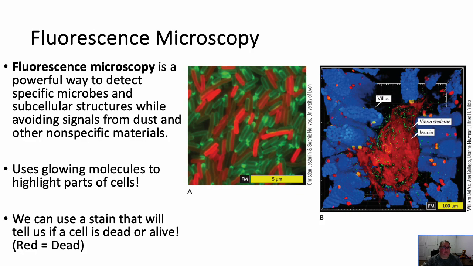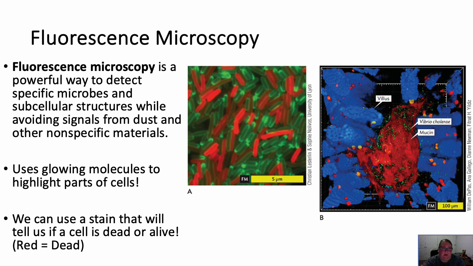Okay, so fluorescent microscopy is a very powerful clinical diagnostic tool because of the antibodies that we use. They're so specific that if we see evidence of fluorescence in a sample, that means that antibody had to bind to that specific antigen, meaning that specific pathogen was in our sample.